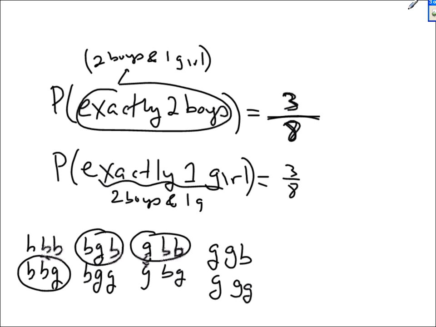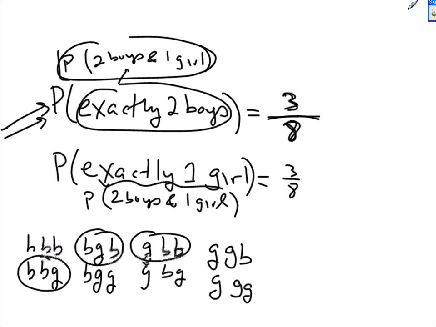You're finding the probability of the same 2 events. In this one right here, you're finding the probability of 2 boys and a girl. Well, you better believe you're going to get the same answer.